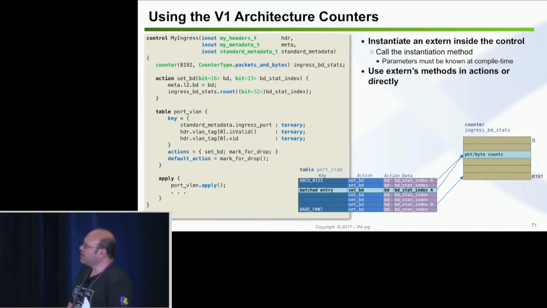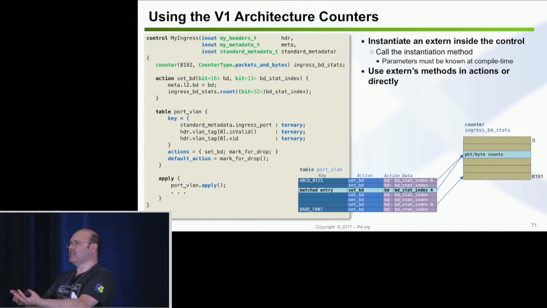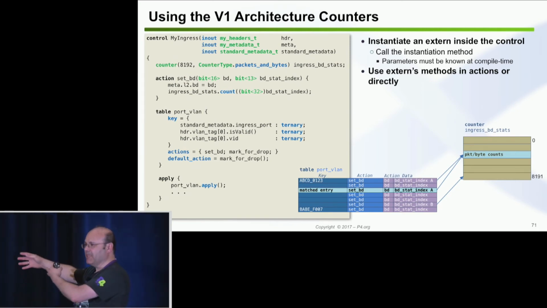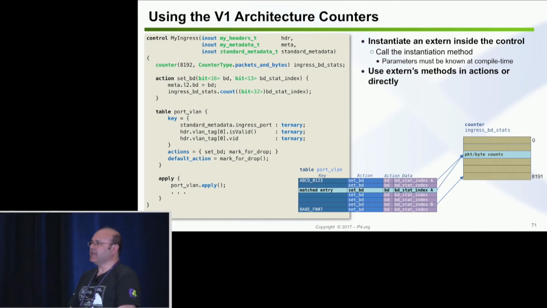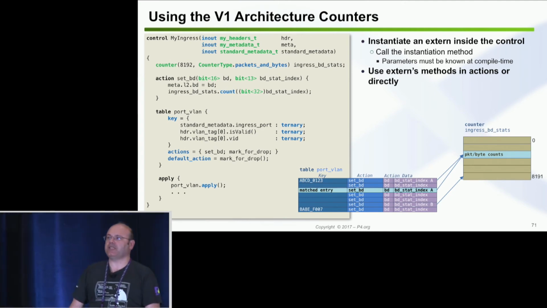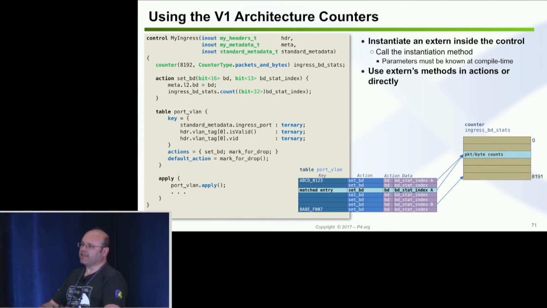The extern keyword is used to define the extern, and this is not the definition of the extern, this is the instantiation of that extern. In the same way, when you call a function in C, you don't say function printf; you just say printf. So the same thing happens here.